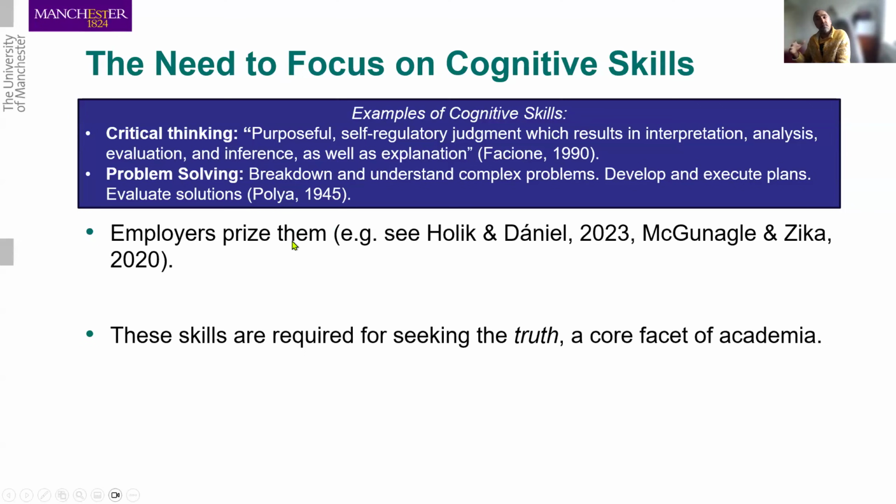And these skills are important for seeking truth in a broader context, of course, as well. That's as far as I'm concerned. This is partly my philosophy on academia, but I think this is a core facet of academia and what we should be training students up to try and ascertain, try and figure out in any given context.